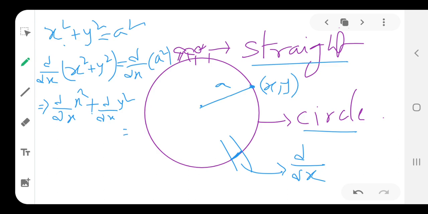equal to, now see, one thing I must tell you. Okay, I'm just removing a little part here so that I can tell you this thing. Now, I told you already, dy/dx is nothing but your tan theta, that means the slope, the angle in a graph.